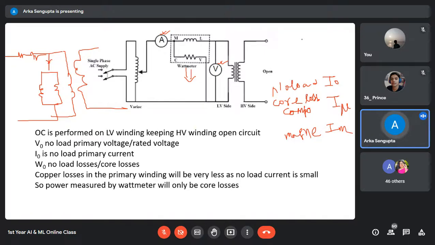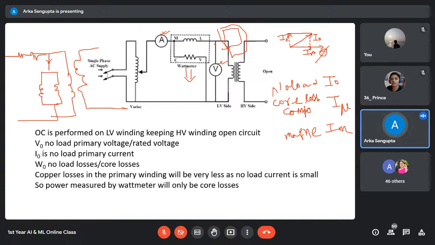If this is the direction of flux, then the no load current is along this direction. This no load current can be divided into two components: one is the magnetizing component of current, another one is the core loss component of current. Now, what is the magnetizing component of current? A transformer is wound on a core, right? So that core must be magnetized for the transformer to act.